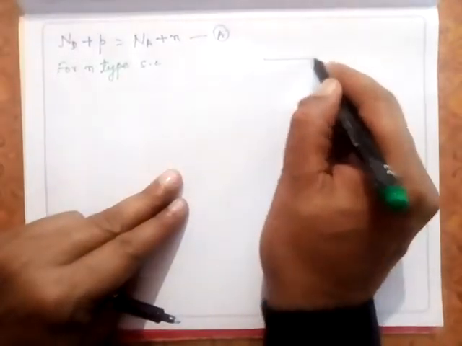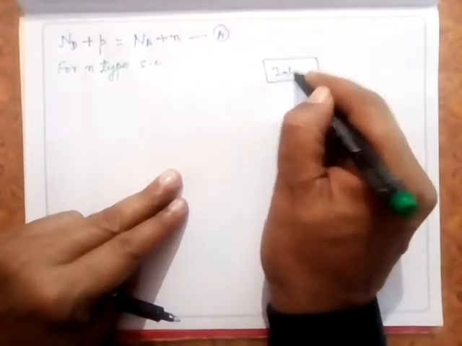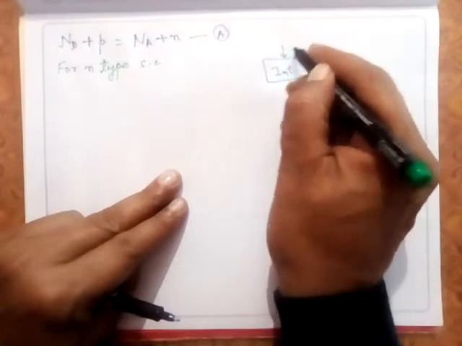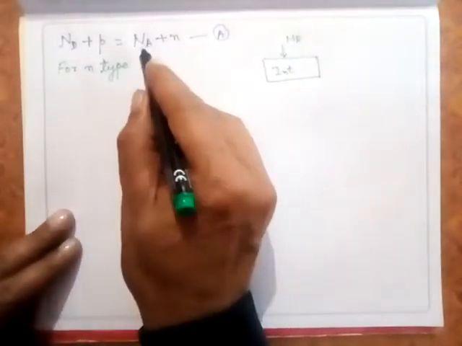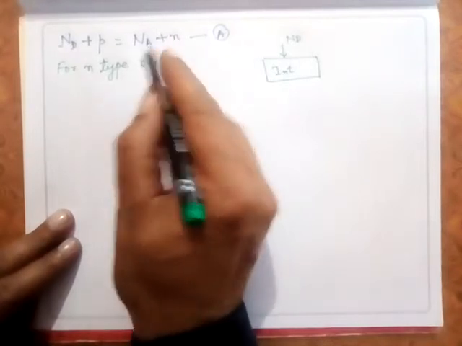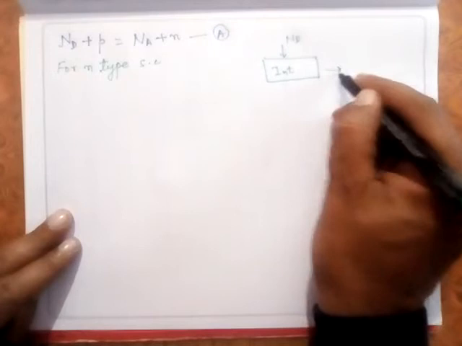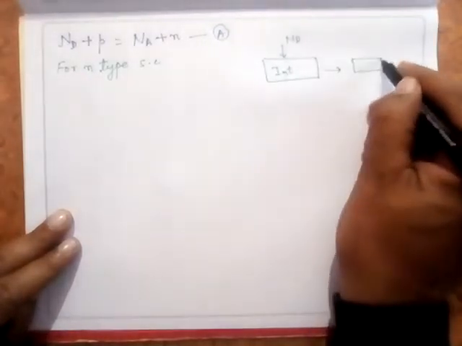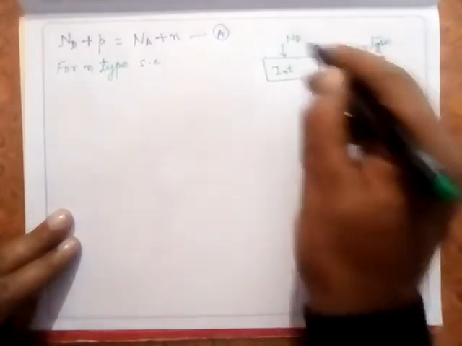For N type semiconductor, you have an intrinsic semiconductor. It is doped with donor impurity. So there is no sense of acceptor impurity here. If I have to make it N type, this semiconductor will be made N type.